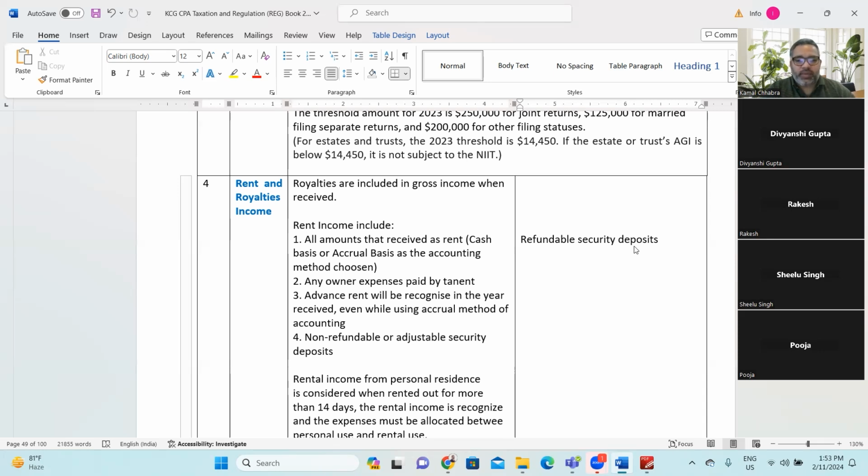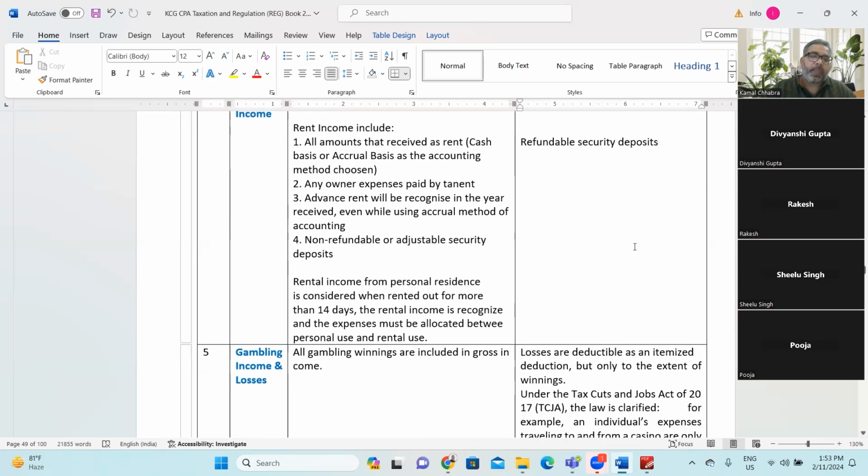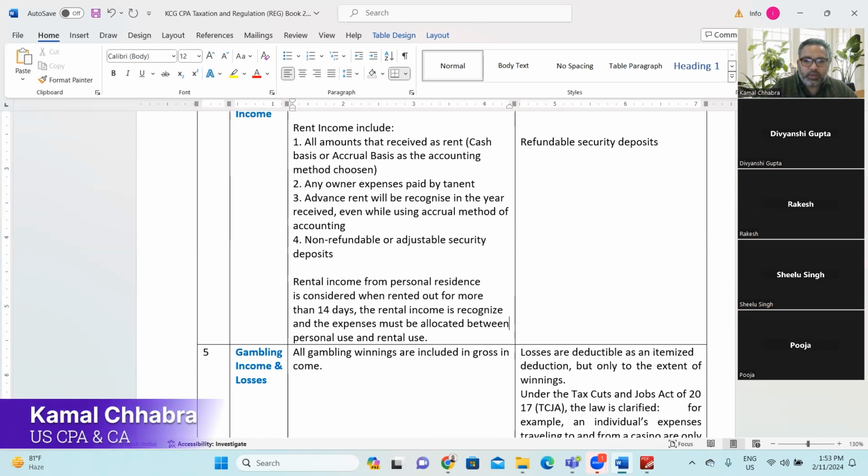Rental income from a personal residence is considered when rented out for more than 14 days. The rental income is recognized and the expenses must be allocated between personal use and rental use.